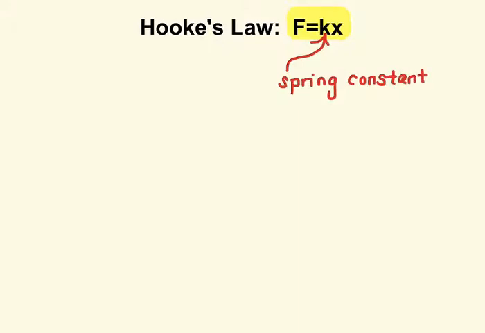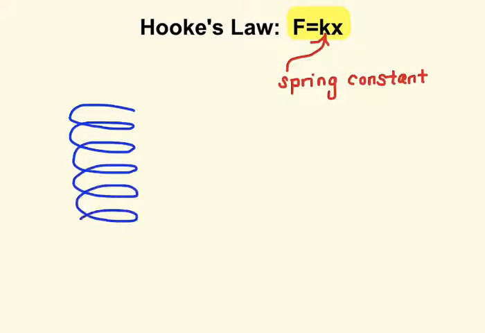So what that means is that if we have a spring, and let's say our spring has a certain distance that it just sits without any force acted upon it. So here's our spring just sitting.